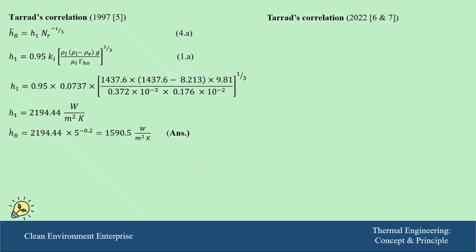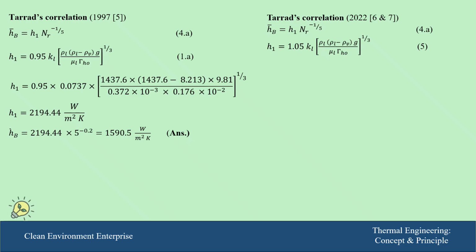The Tarrant correlation can be used as mentioned in the table of this episode, but with the use of one of the correlations of the single tube, which has been presented in the previous episodes, that h1 equals 1.05 instead of 0.95 or 0.665 as mentioned by other published correlations.